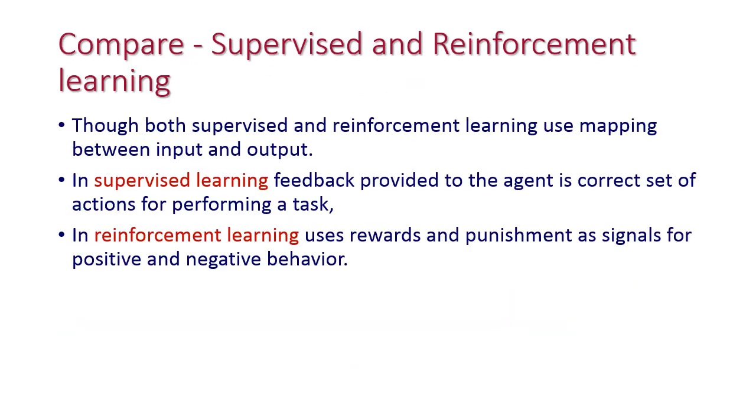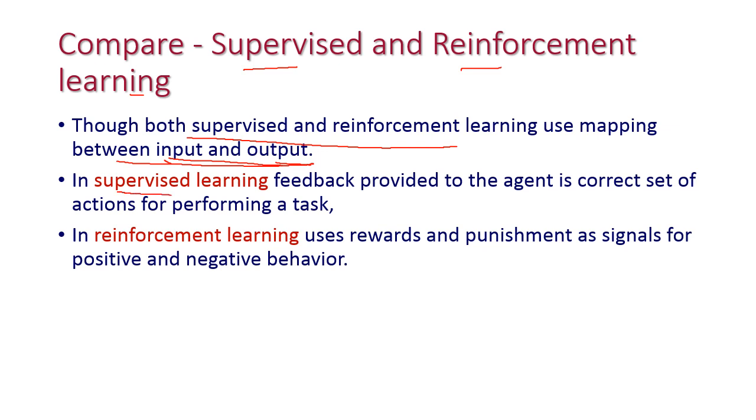The comparison between supervised learning and reinforcement learning. These two learning techniques, supervised and reinforcement learning, use a mapping between input and output. So every time we need to map input and output.